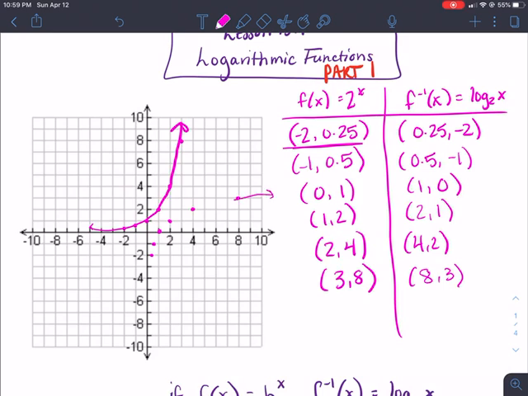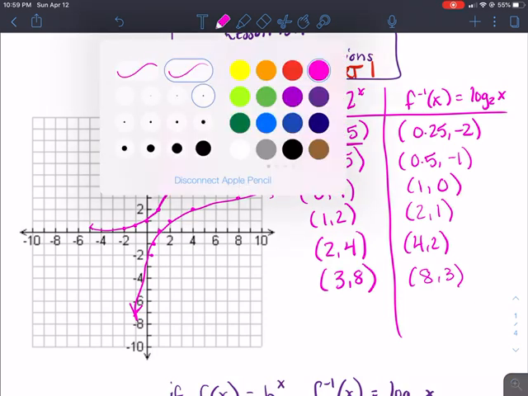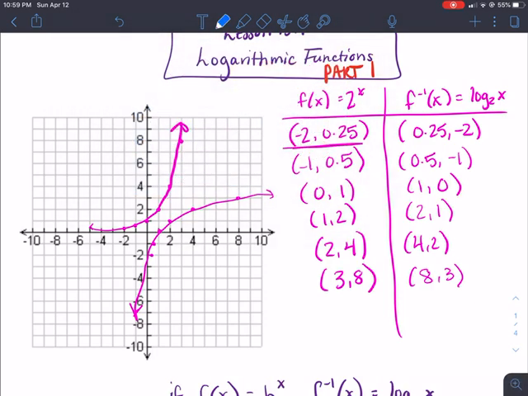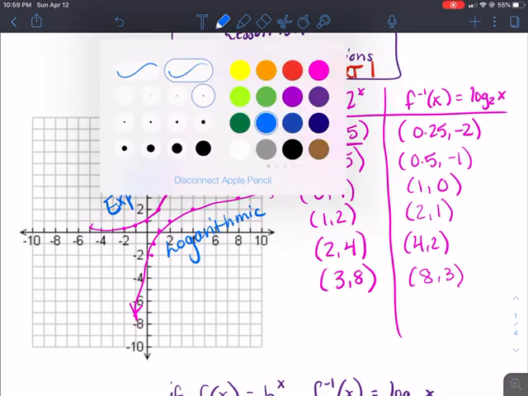Okay, so you can see that these are opposites of each other. This is the inverse, okay? So I'm going to label this very clearly. So this is the exponential, and this is the logarithmic. Okay?